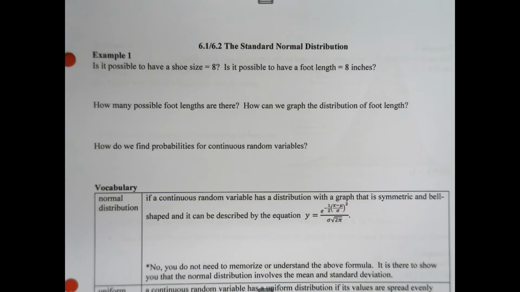example 1. It says, is it possible to have a shoe size that is equal to 8? Well, yes, it is. We know that lots of people have a shoe size of 8.